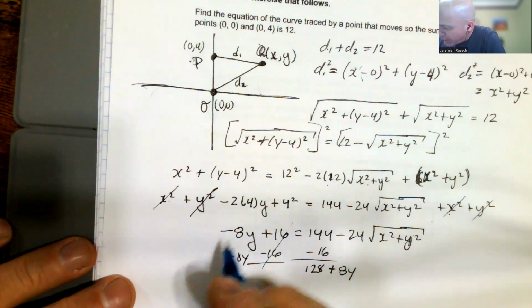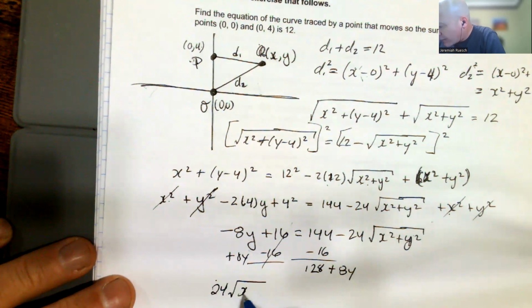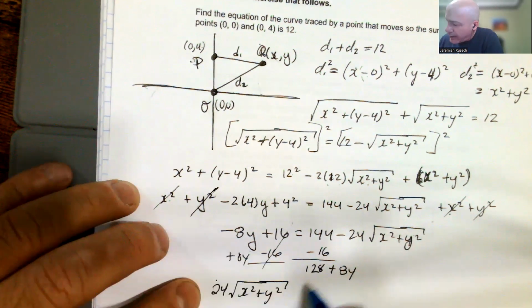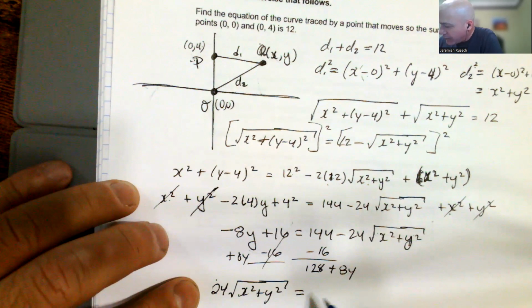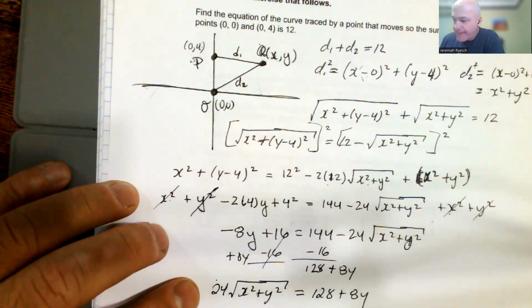Okay, and then I'm going to add the 24 over to the side. So I get 24 square roots of x squared plus y squared. Okay, so I've just moved it over here by adding this term to both sides, equals 128 plus 8y.